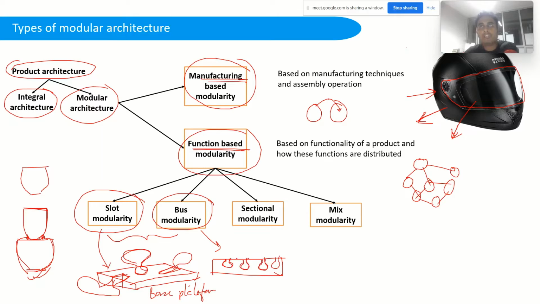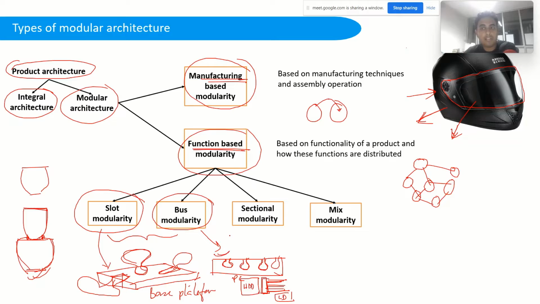For example, in an old PC we used to have a cable that can fit inside a SATA hard disk, and it can go to a CD drive. So this is some sort of bus modularity.